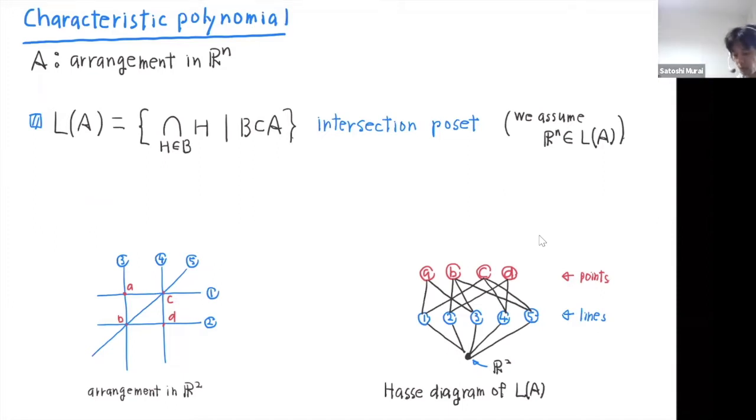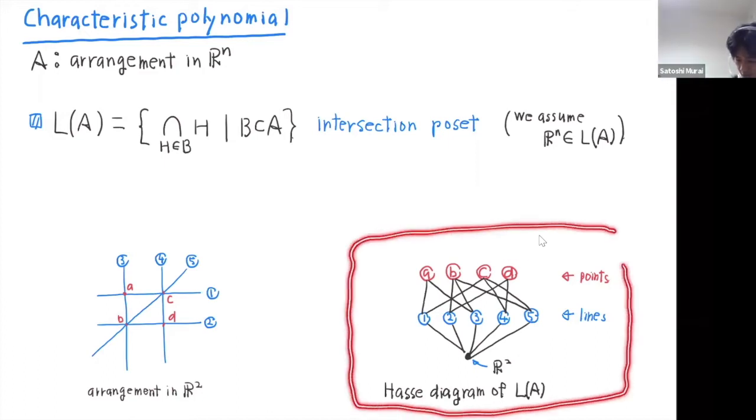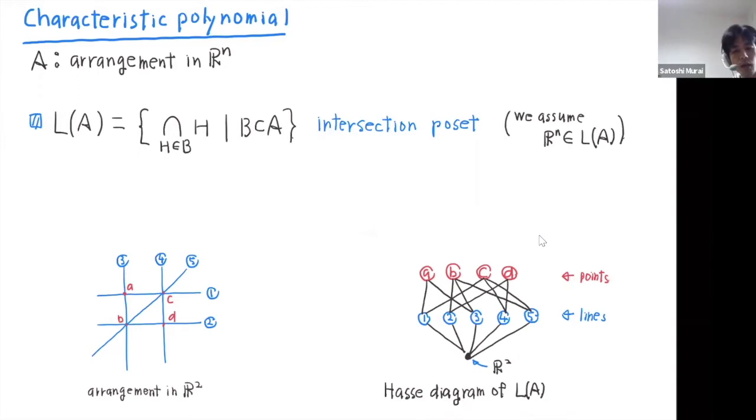So here is a Hasse diagram of the intersection lattice. Because we consider the reverse ordering, we have a bottom element which must be equal to the whole space itself.